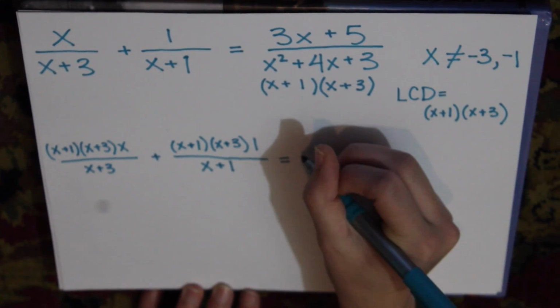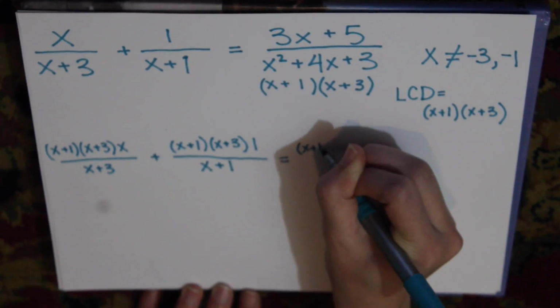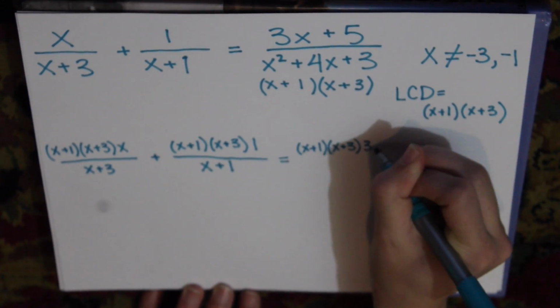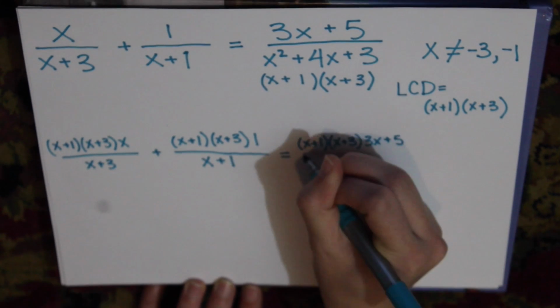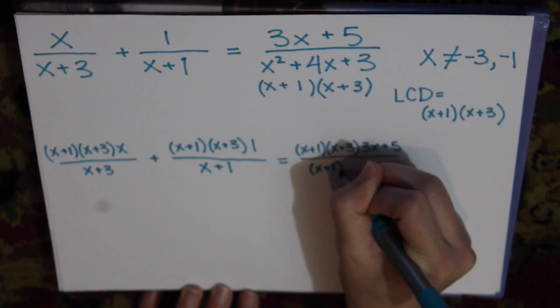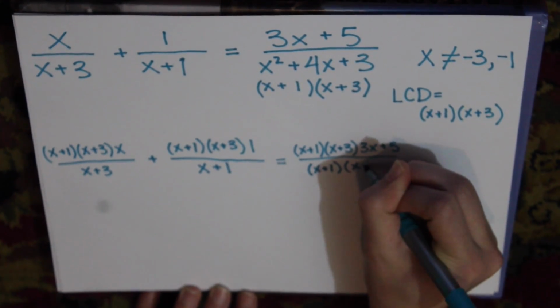And this equals x plus 1 times x plus 3 times 3x plus 5 over x plus 1 times x plus 3.